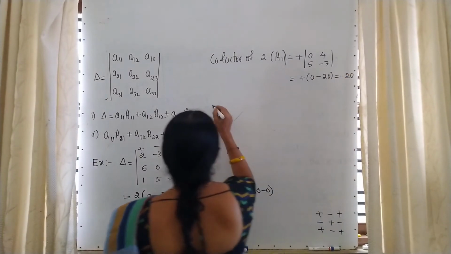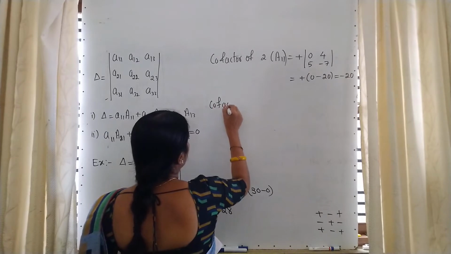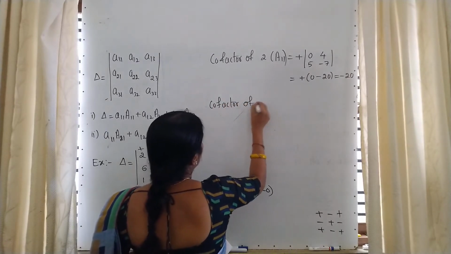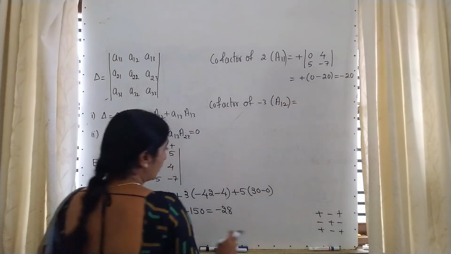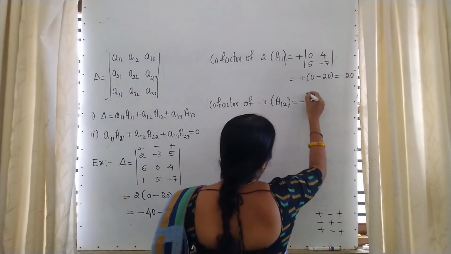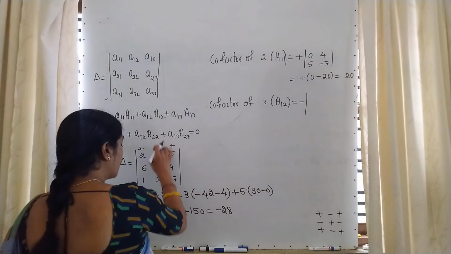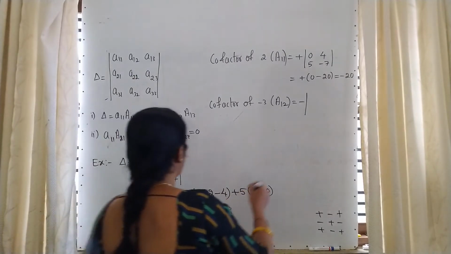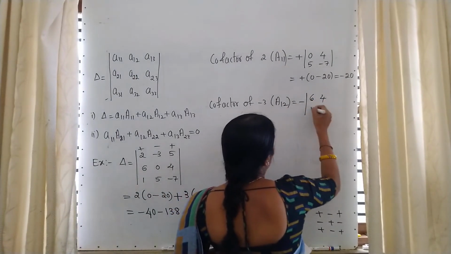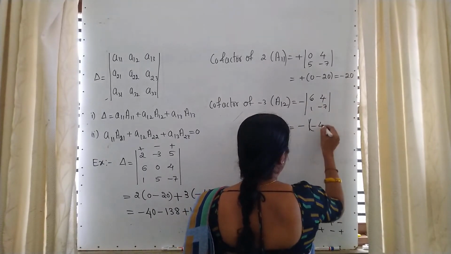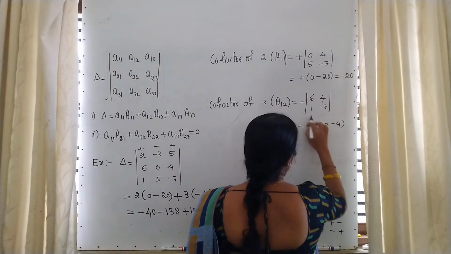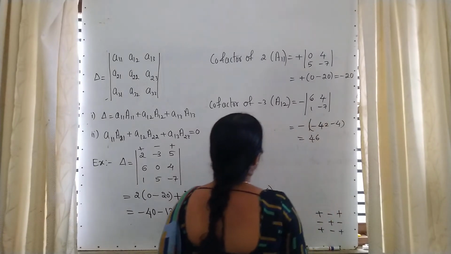Then cofactor of minus 3, that is A12. For that we have to write a minus and leave first row and middle column, that is second column. What is remaining? 6, 4, 1, minus 7. It is minus 42 minus 4. So it is 46.